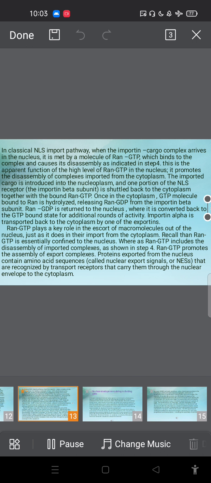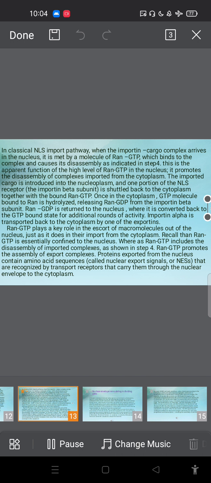The imported cargo is introduced into the nucleoplasm, and one portion of the NLS receptor, the importin beta subunit, is shuttled back to the cytoplasm together with the bound RAN-GTP.